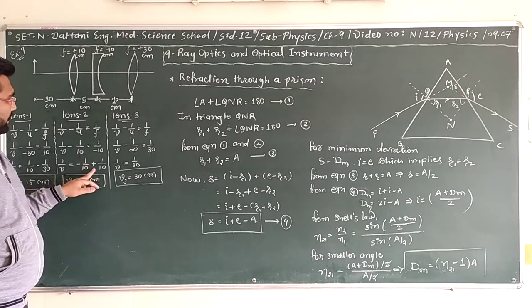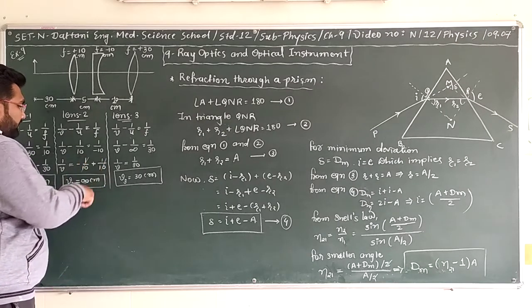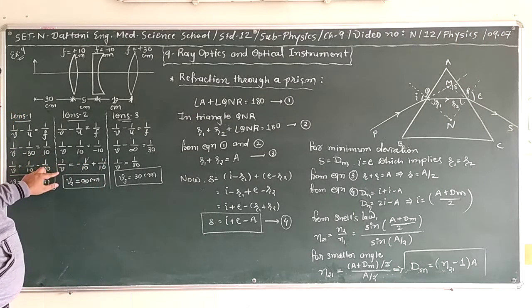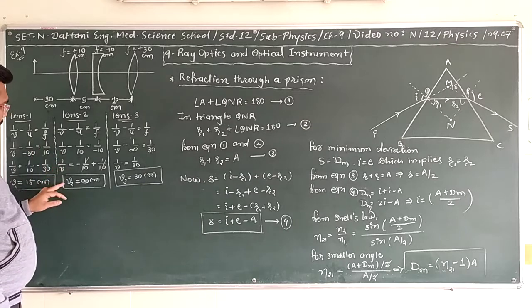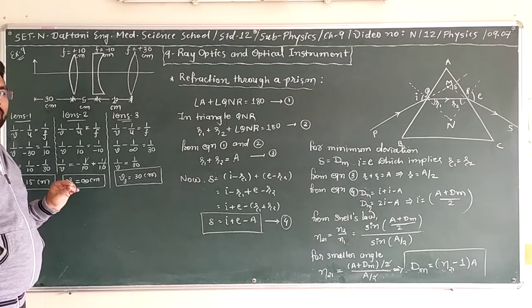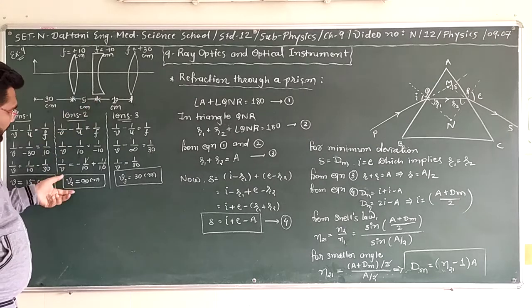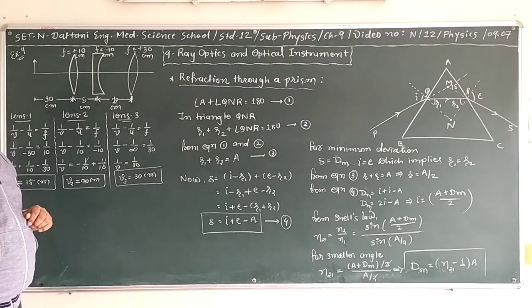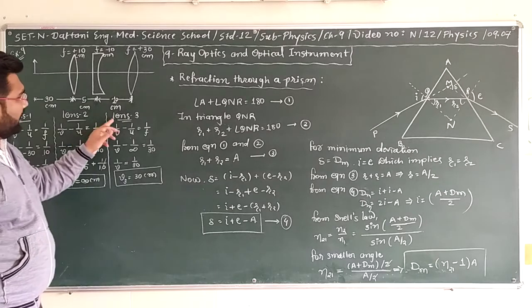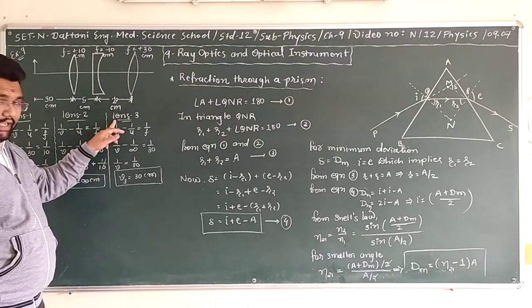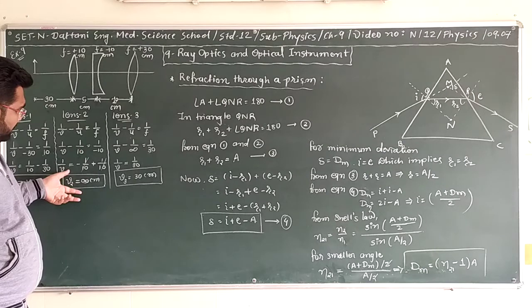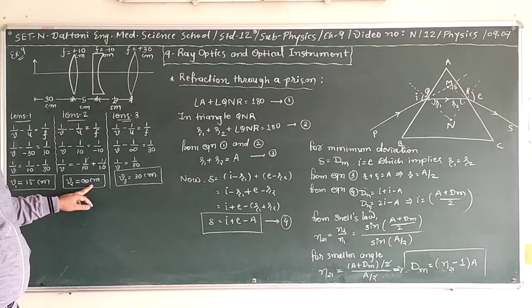The focal length is given as minus 10 centimeter. Minus and minus will be plus. So minus 1/10 plus 1/10, both will cancel, and we get 1/v equal to 0, so v2, our image distance for lens number 2, is infinite. Now for lens number 3, the object distance will be infinite.